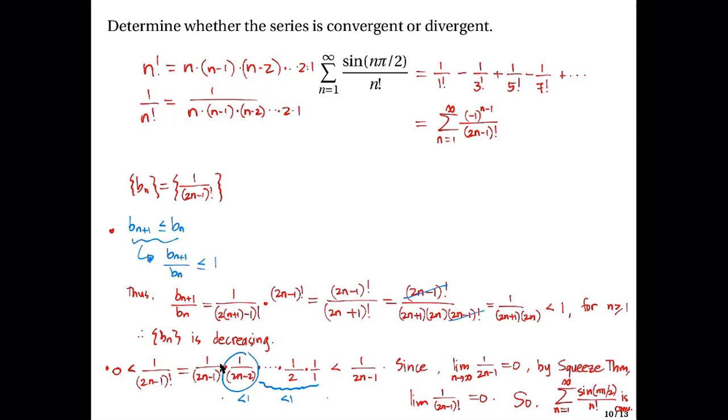Naintindihan ba yan? Yung 1 over 2n minus 2 will be less than 1. Okay? So, I hope you got that.